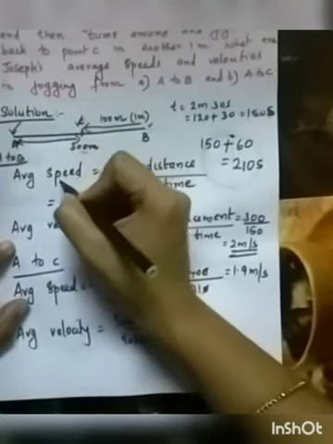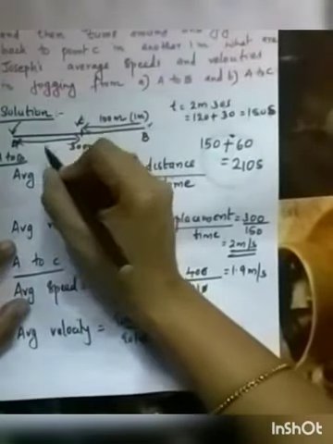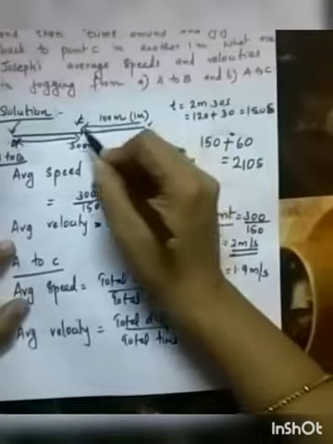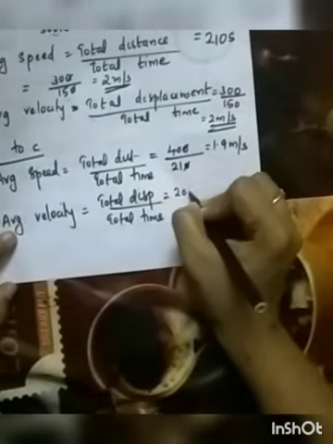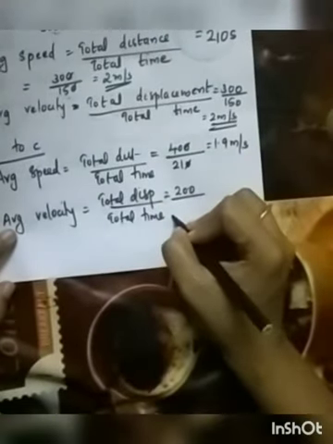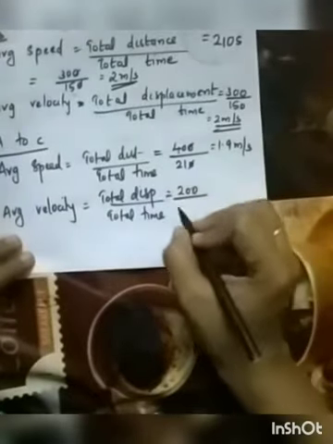That is the distance AC itself. And how will you find out this distance? AC will be AB minus BC. And what is AB minus BC? 300 minus 100, that is 200. So the total displacement is 200 by total time. Total time is the same, 210 seconds itself.